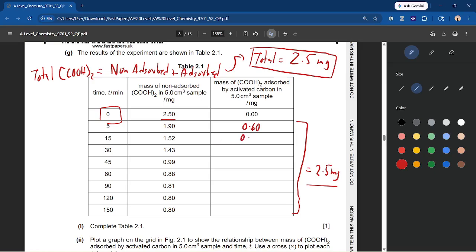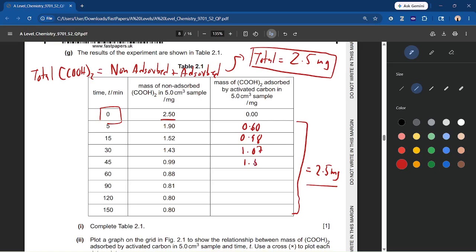So 0.60, 0.98, 1.43, this becomes 1.07, 0.99, this becomes 1. 1.51 does not seem correct, so let me pull out my calculator real quick. 1.51 plus 0.99.